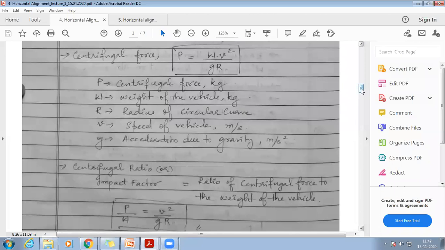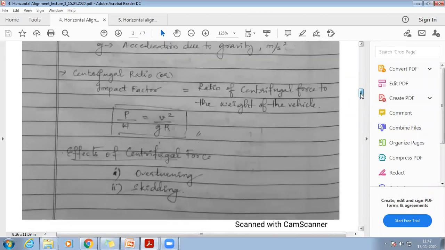Now we'll see the analysis. Generally the effect of the centrifugal force is that it makes the vehicle topple or overturn, and it can also cause skidding. We studied, when we discussed friction, the lateral and the longitudinal skidding.